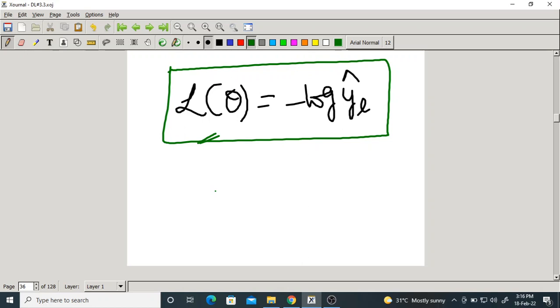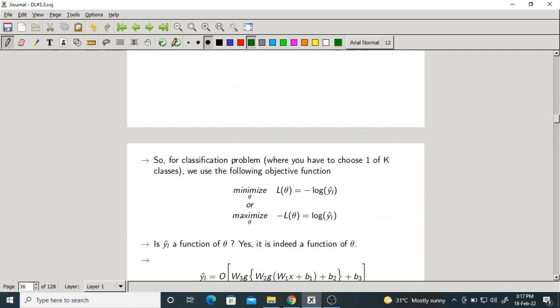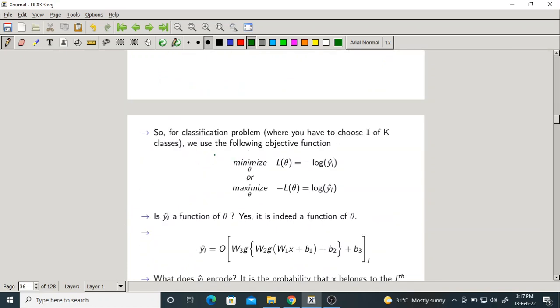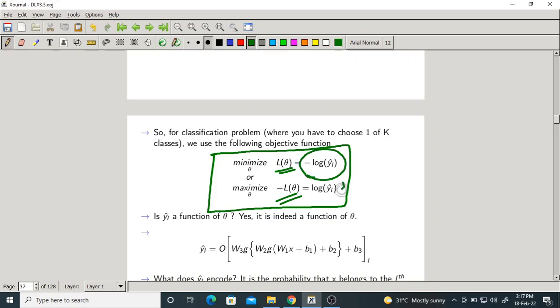It is a cross entropy. It perfectly captures the deviations from the true probabilities to the predicted probabilities. The objective is to minimize L of theta, or maximize minus L of theta. Otherwise, minimize minus log YL hat or maximize log YL hat.